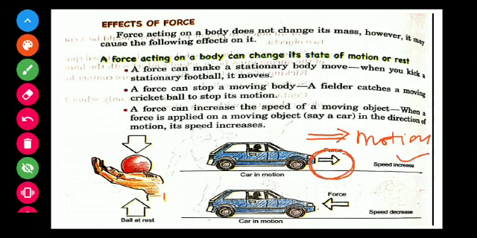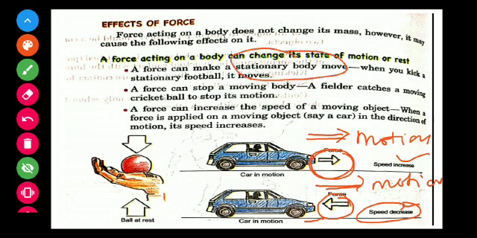After application of force, there is an increase in the speed of the object. If we apply a force in the opposite direction of motion of the car, the speed decreases.